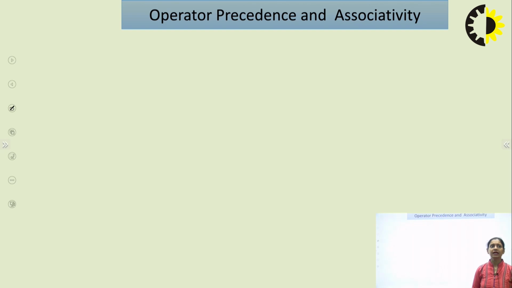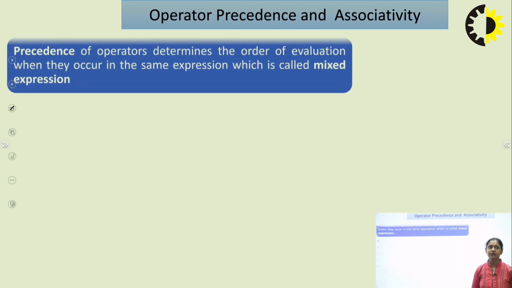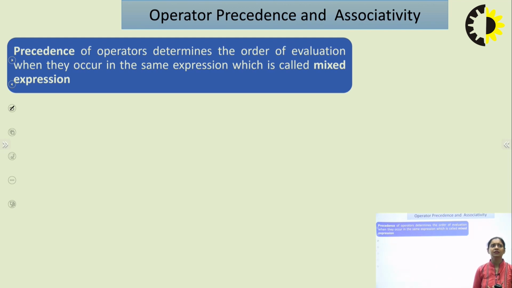The next that we have is operator precedence and associativity. So what is basically the precedence? It talks about the order of evaluation of different operators when in an expression we have mixed operators given. So precedence of operators determine the order of evaluation when they occur in the same expression, which is called a mixed expression.